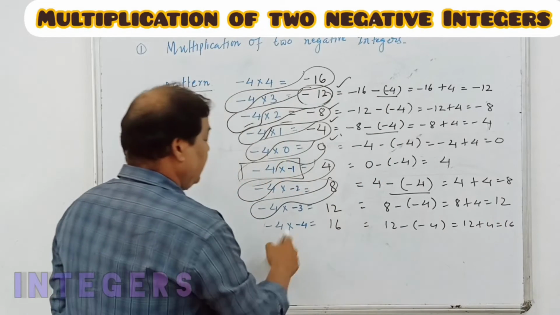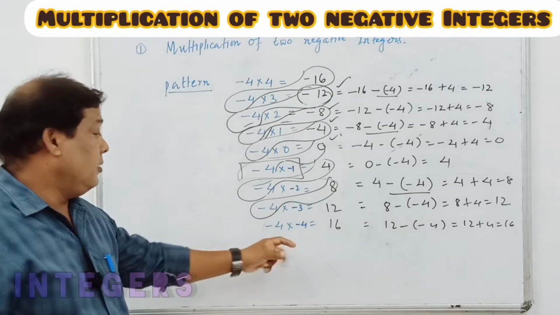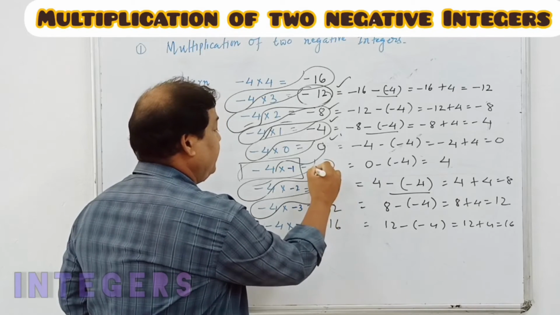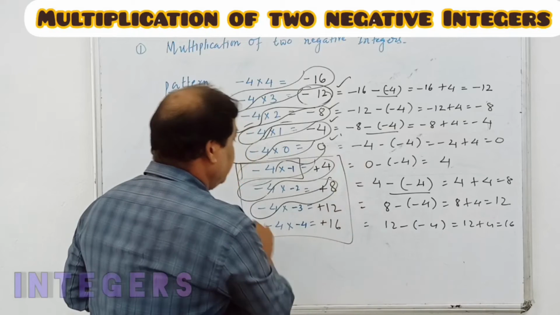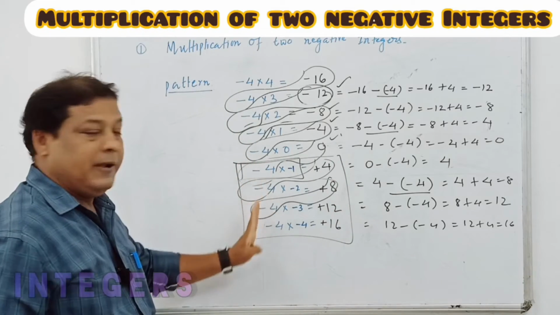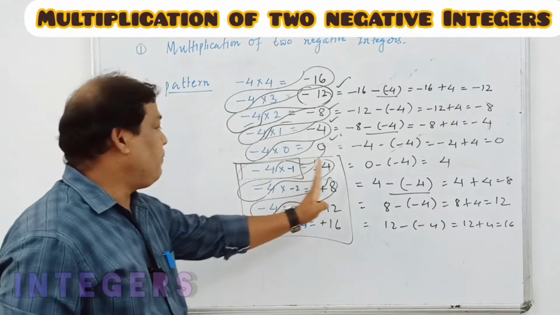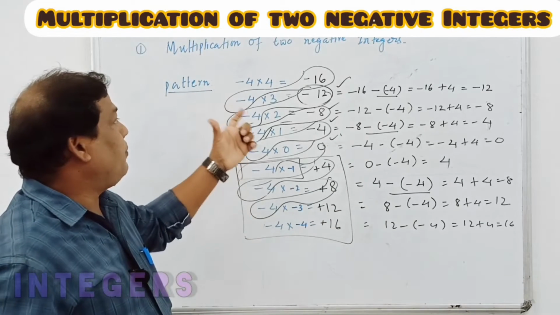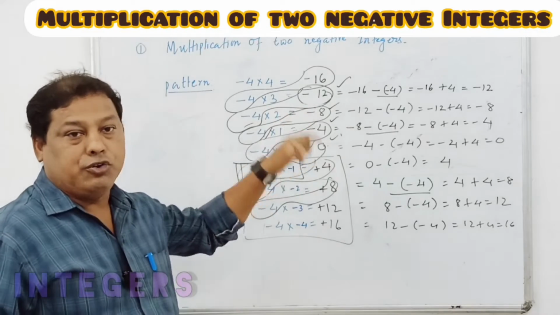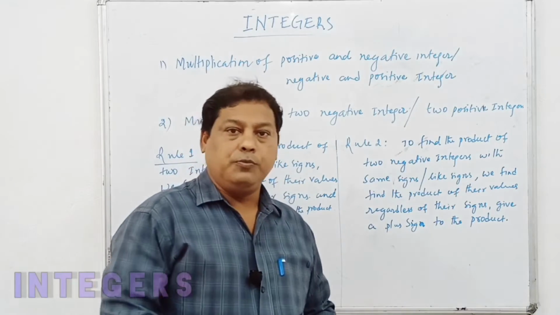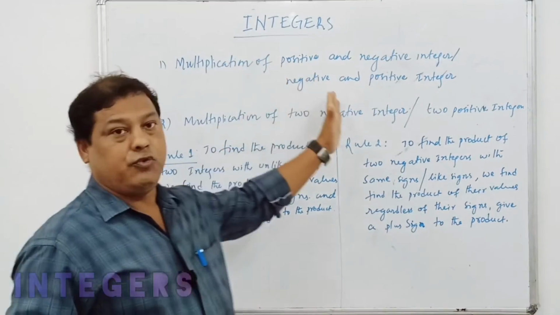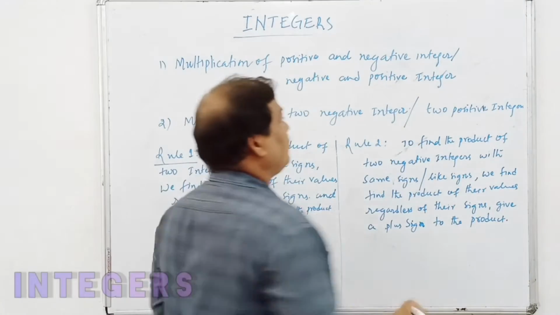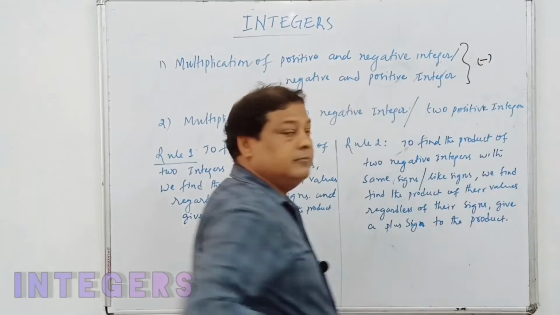So minus 4 times minus 4 is 16. When you multiply two negative integers, the result is a positive integer. Now we will see the conclusion of this topic. We observe that the multiplication of a positive and a negative integer, and a negative and a positive integer, gives a negative integer.